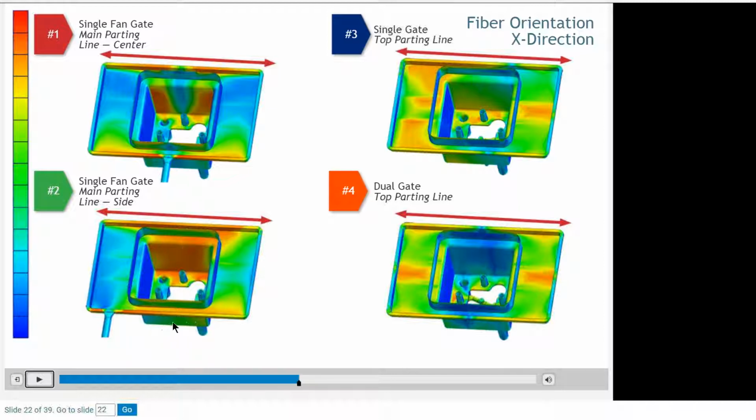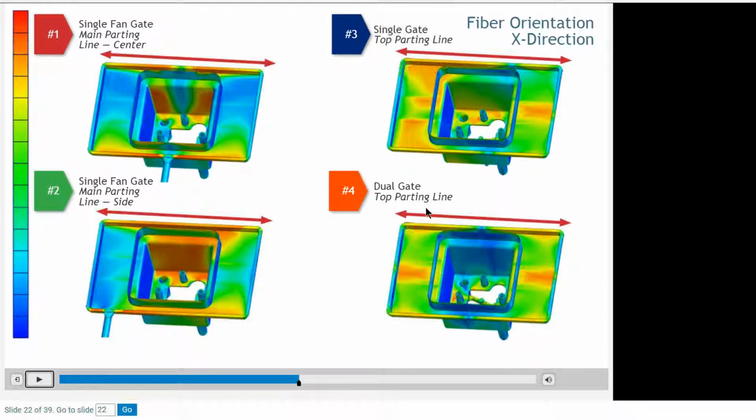The opposite side wall is not as highly oriented in the X direction. We can tell from this center gate that we have highly oriented material near the gate and on the opposite side of the gate. But look at the difference in the side walls. Highly oriented, highly not on the surface near the gate.